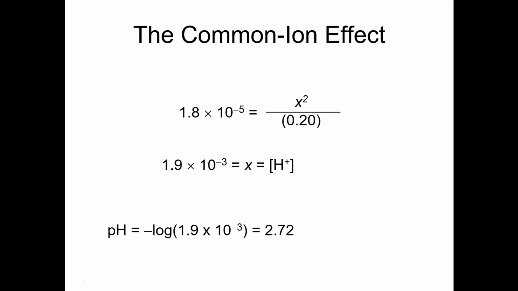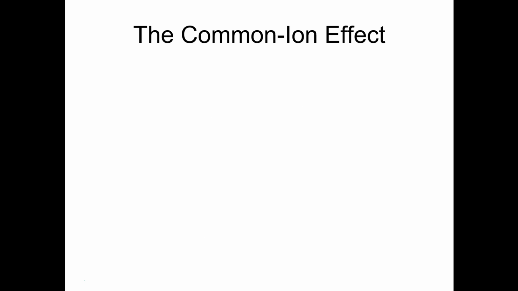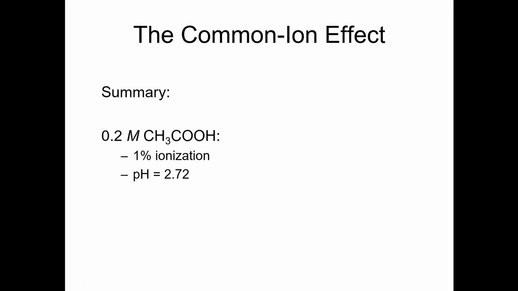Where this becomes really where the rubber hits the road and where you can see what's going on here is to compare the two results. So here's the summary of those two different experiments that I just went through. If I just have a 0.2 molar acetic acid solution, it ionizes about 1%, and the pH at equilibrium is 2.72.